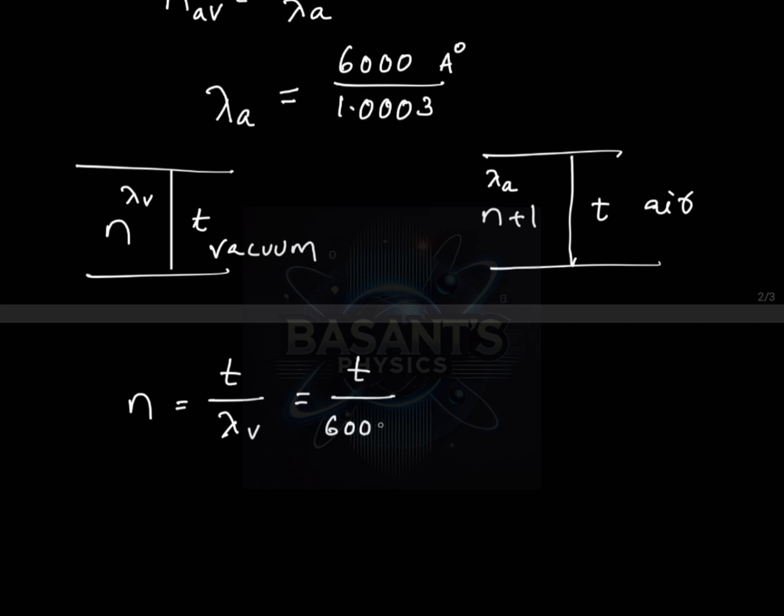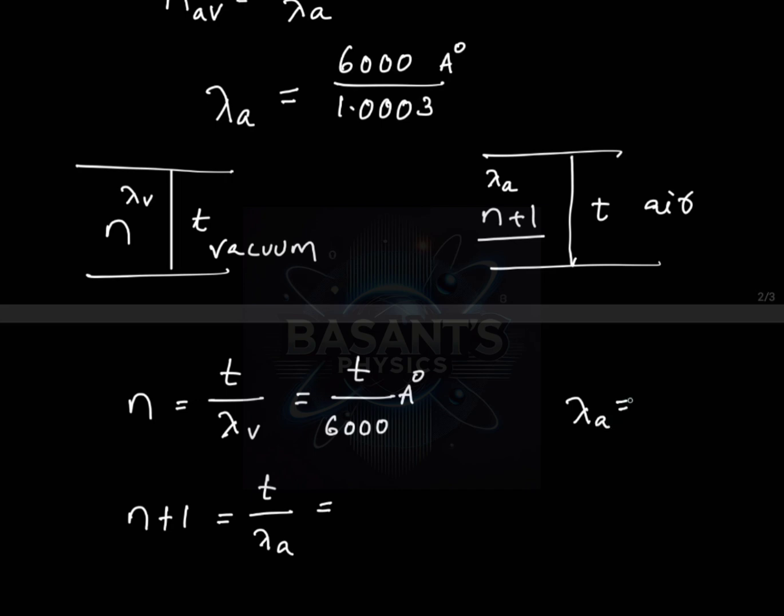that is equal to T upon 6000 angstrom. Similarly, in air number of waves is equal to n+1 and wavelength of light is now lambda a. So you can write n+1 is equal to T upon lambda a, and you know the value of lambda a, I have written already.